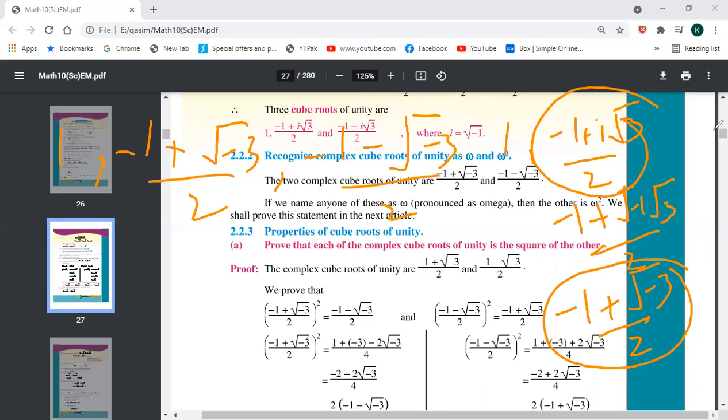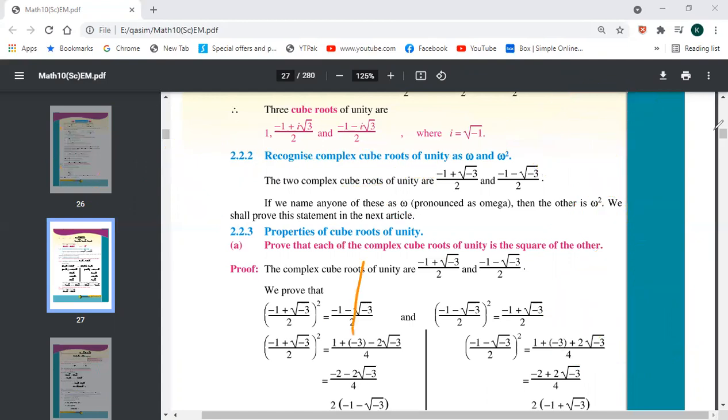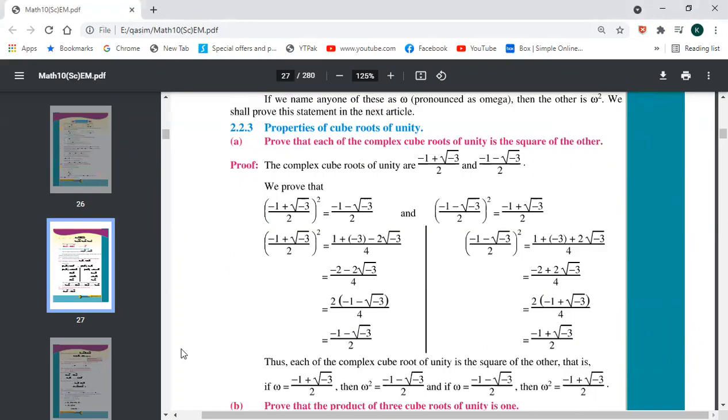Now prove that each of the complex cube roots is the square of the other. So how to prove it? Taking the values, the first value is this one. Now taking the square of it, the square means a square plus b square plus 2ab. So this equals this one. So this means that the complex root of unity is the square of the other.